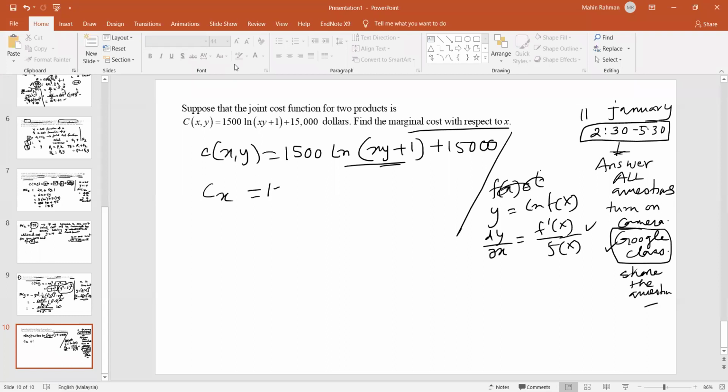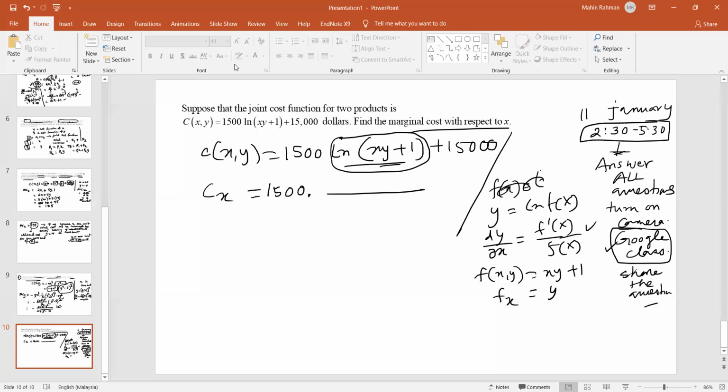So 1,500 is constant, times you have to find the derivative of that function. In that case, f(x,y) is actually xy + 1. Because you are doing it with respect to x, y is constant.